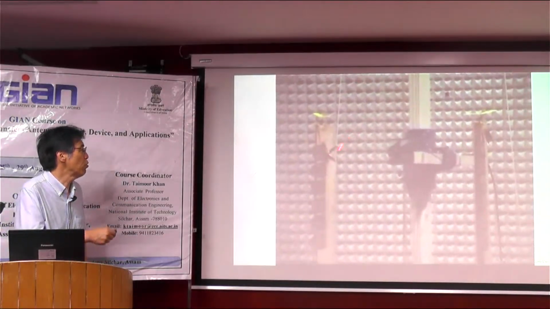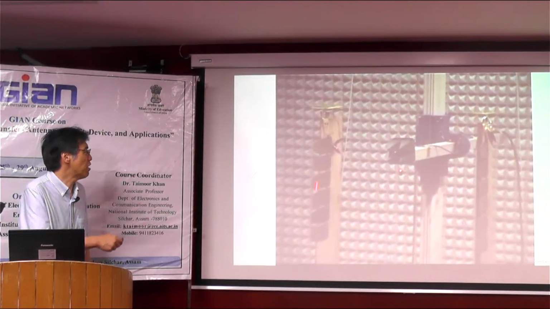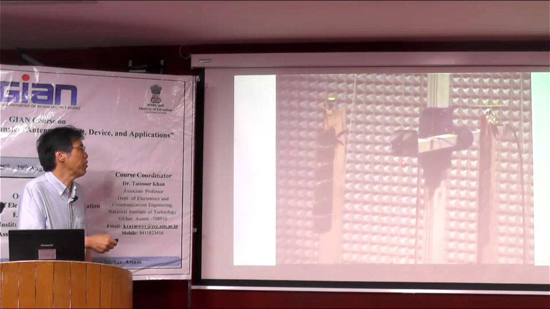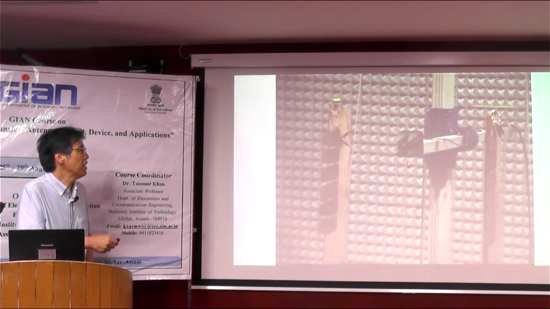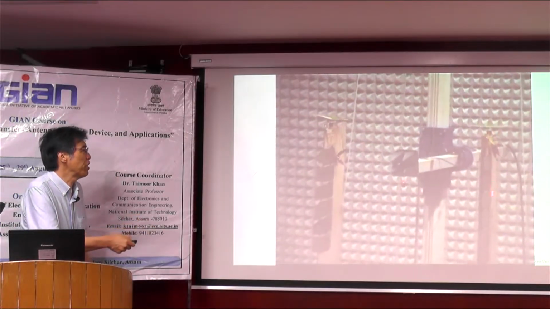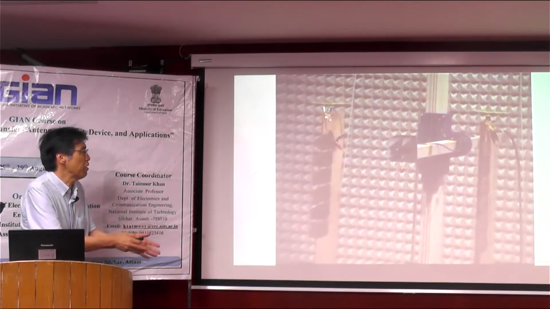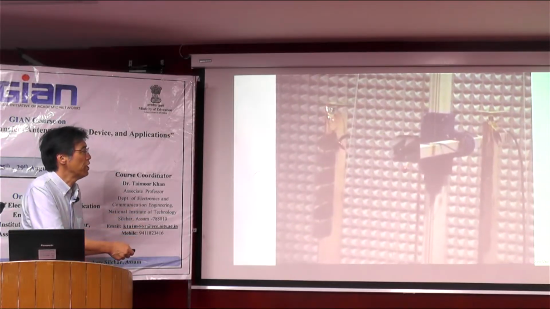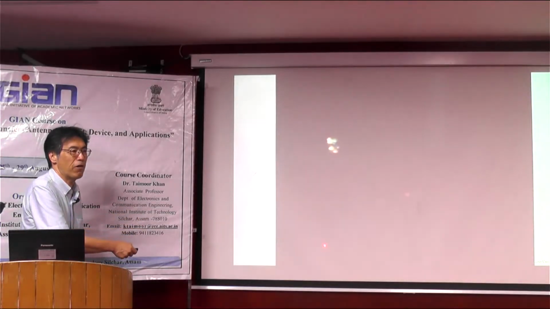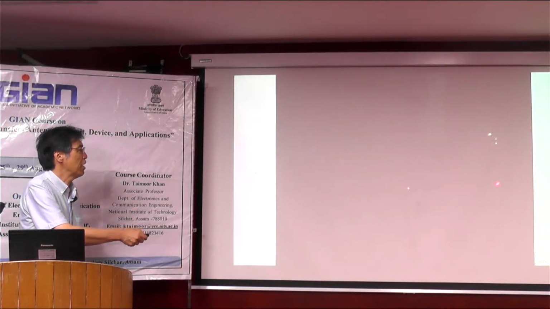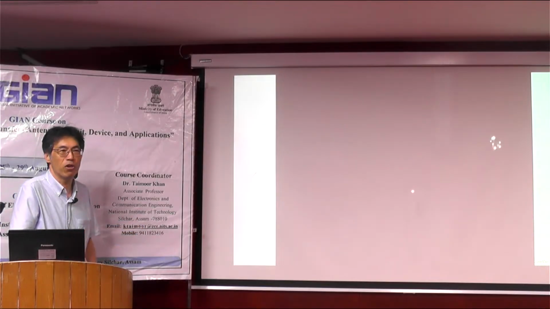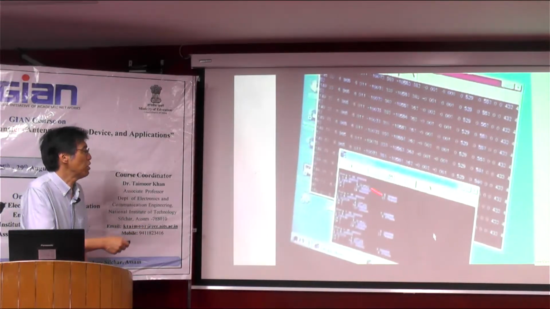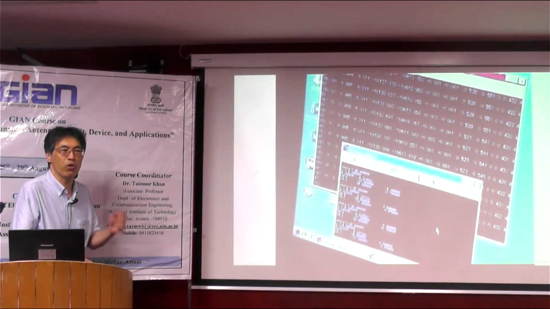We put the two receivers here, and these are rectifiers, and this motor can be driven by the microwave power. Now we control the beam direction only to this line, and next we change the beam direction to this line only. So we change the direction by changing the phase of the magnetron. This is the phase control data inside the computer.